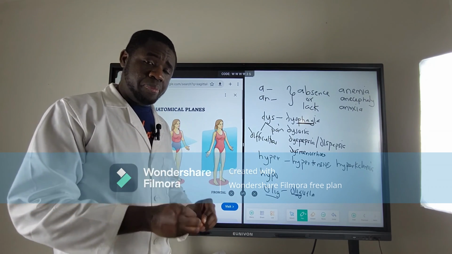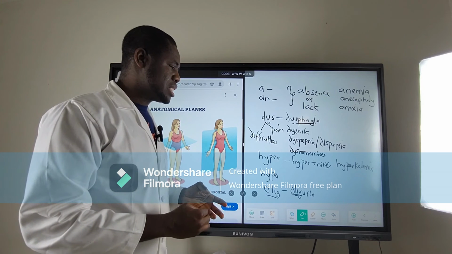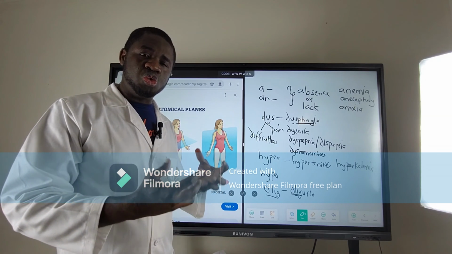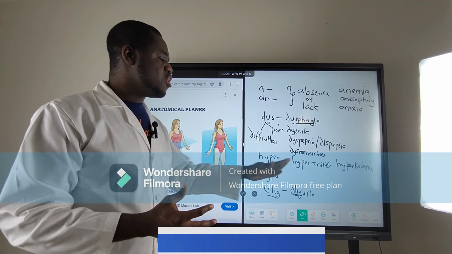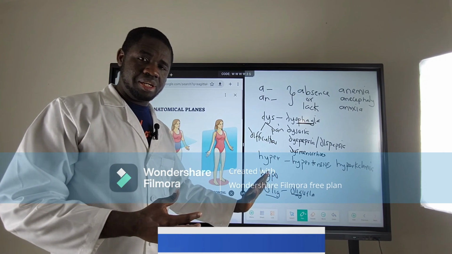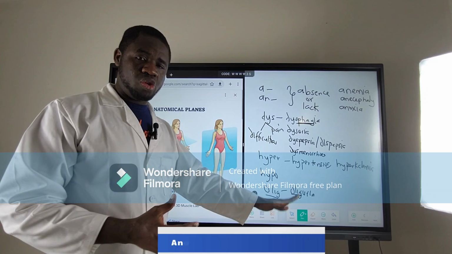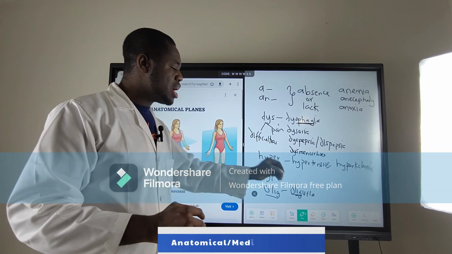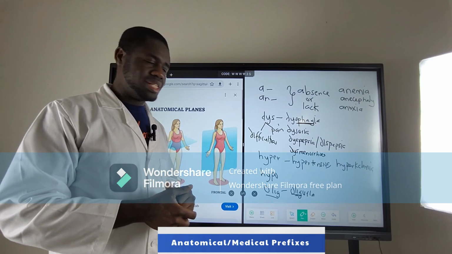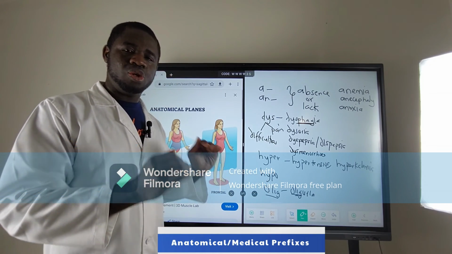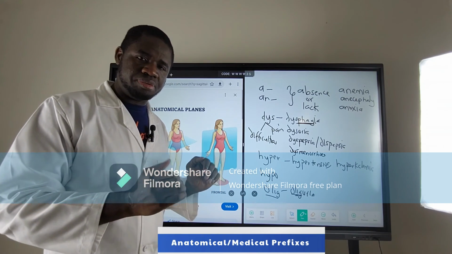But if you want to go deeper, it means that the patient produces urine that is not above 400 mils in 24 hours. But for this discussion, oliguria means a reduced amount of urine, because olig means to reduce, reduction.